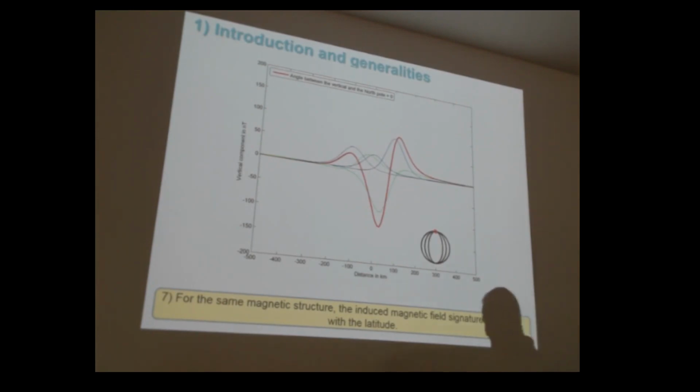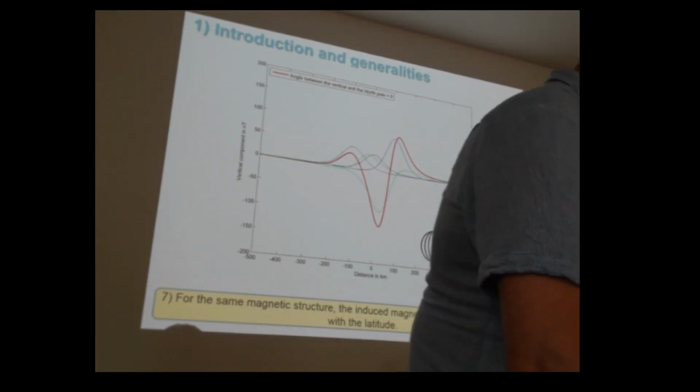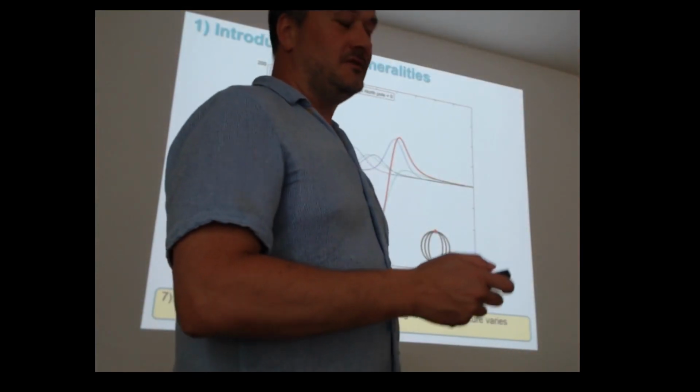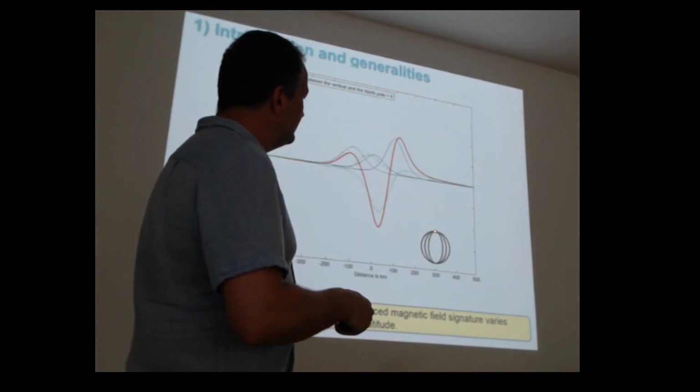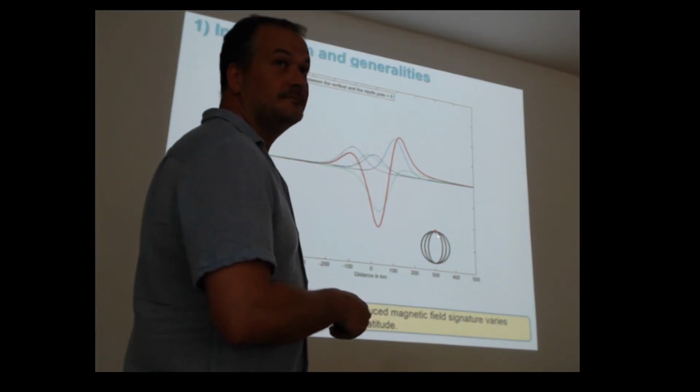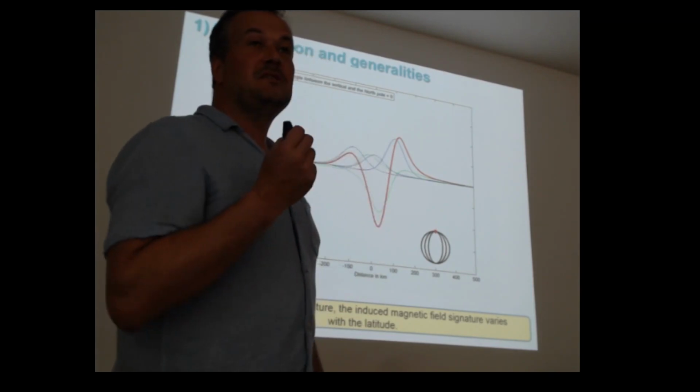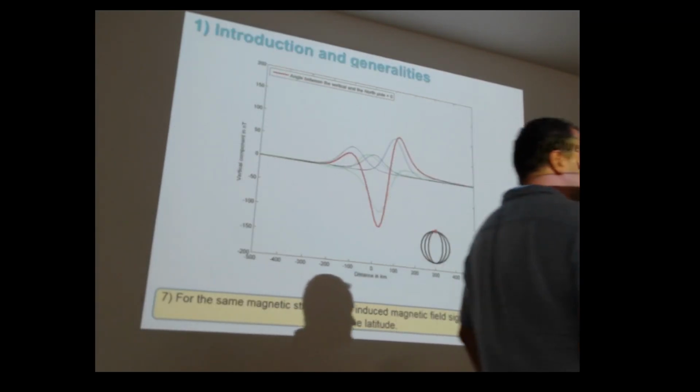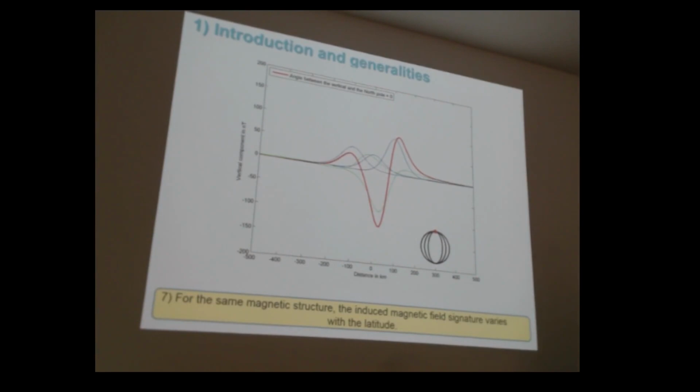Something else now: everything I was talking about was at one specific location. So the same crustal structures placed somewhere else on Earth will not give you the same signal. You know why?